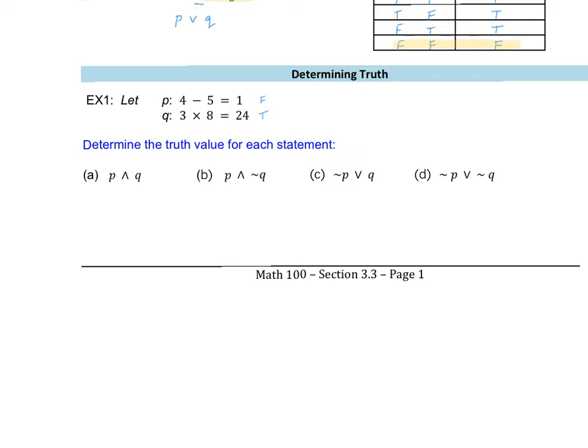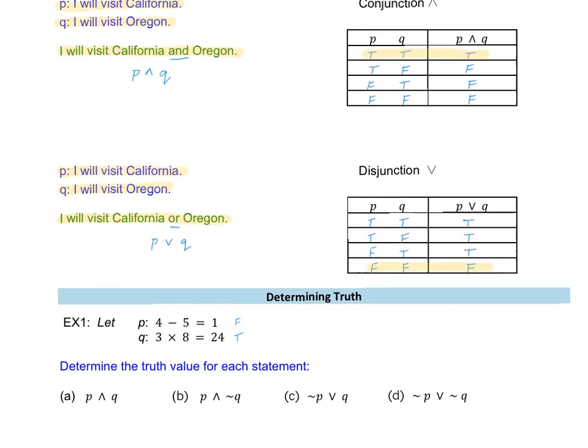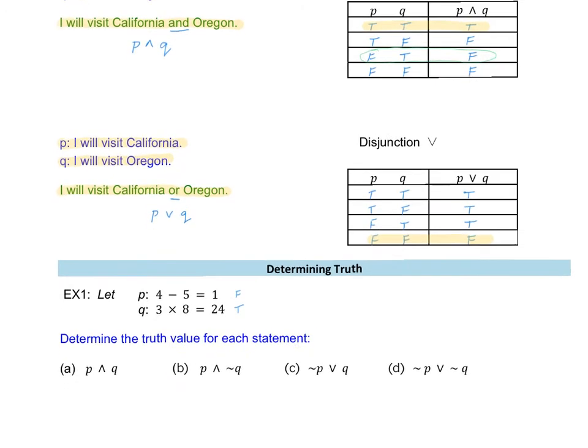So parts A, B, C, and D are looking at the compound statements. In A, I'm looking at P and Q. Well, I know that P is false and Q is true. So if I just go back to my and, I look at the row where I have a false, true, I can see that that and statement is false.